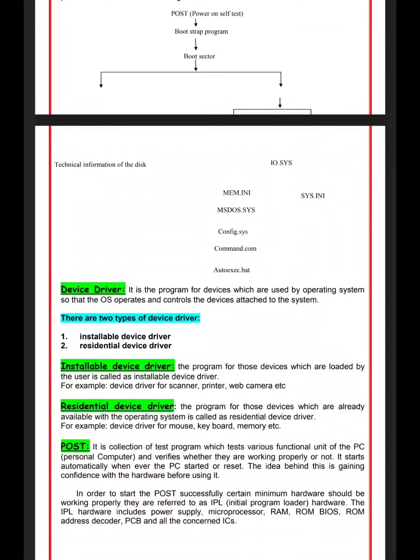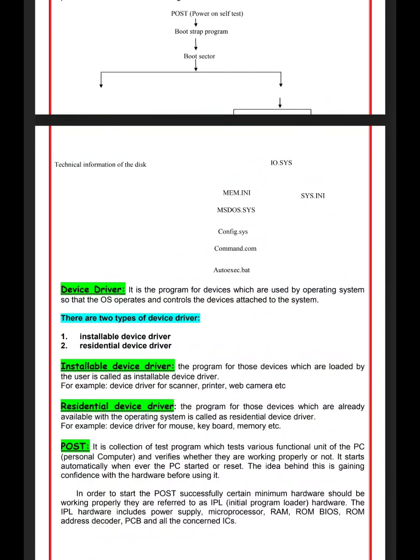Device driver: it is a program for a device which is used by the operating system so that the OS operates and controls the devices attached to the system. There are two types of device driver: installable device driver and resident device driver. Installable device driver: the program for those devices which are loaded by the user.